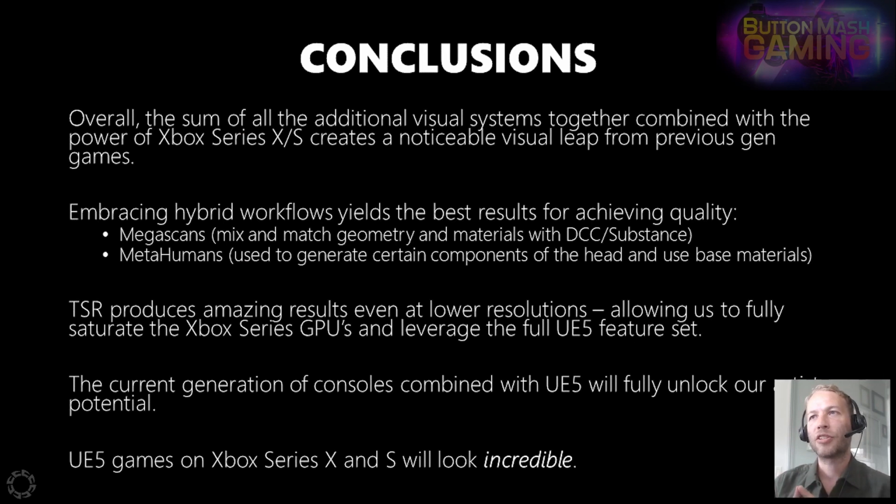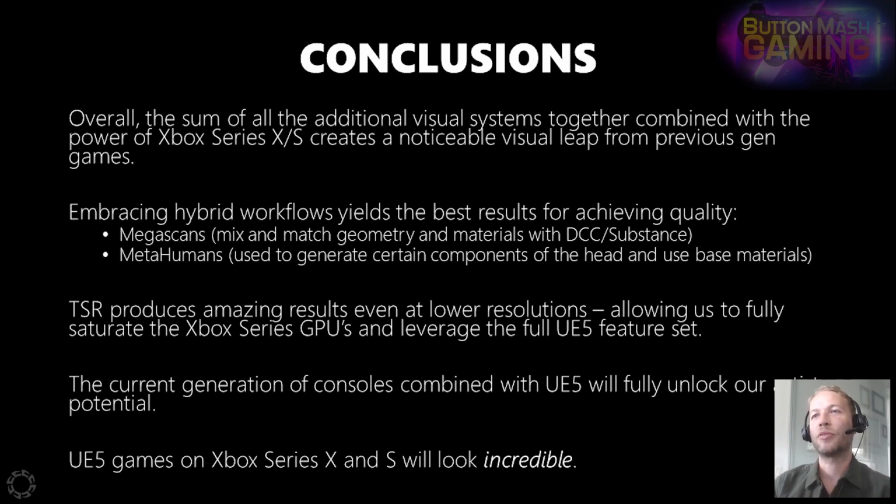So, conclusions overall. The sum of the additional visual systems together, combined with the power of Xbox Series X and S, really creates a noticeable visual leap from previous gen games. Embracing hybrid workflows tends to yield the best results for achieving quality. For example, mixing and matching with Megascans, so mixing and matching geometry and materials from Substance and DCC.